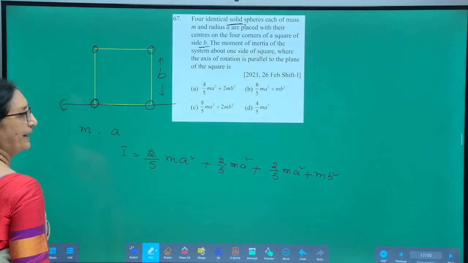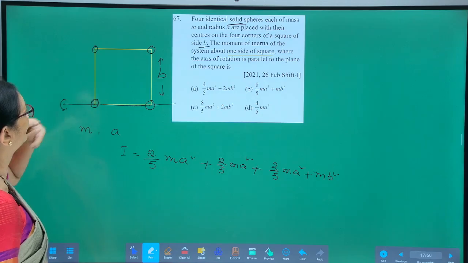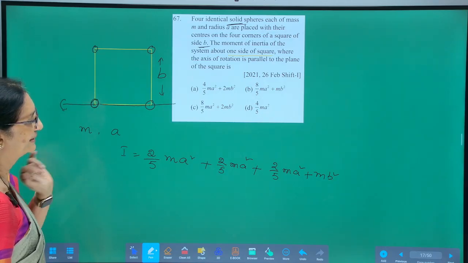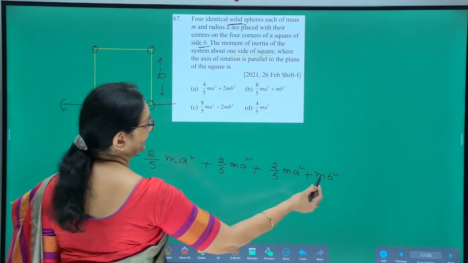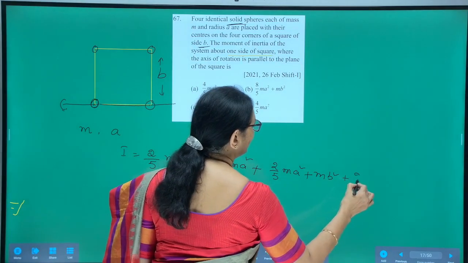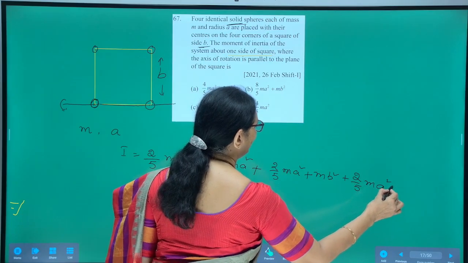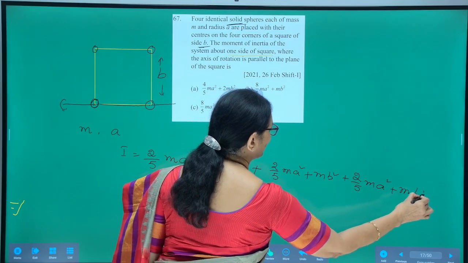It is 2 by 5 m a square plus m b square, where the perpendicular distance between the two axes is b. For this one also it is 2 by 5 m a square plus m b square.